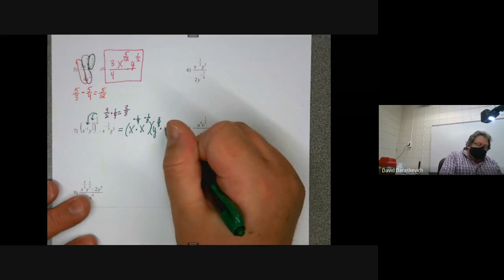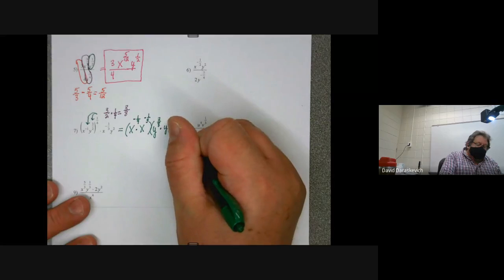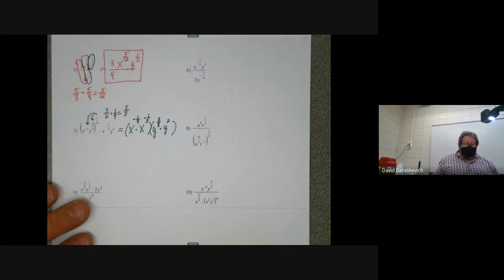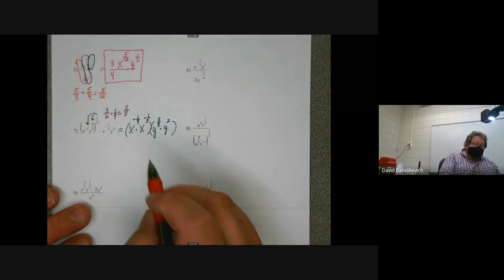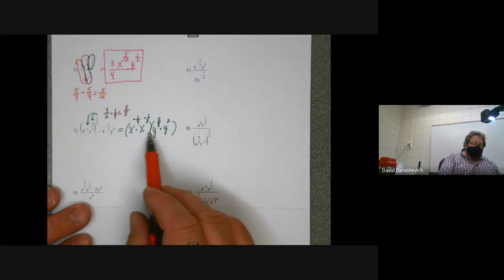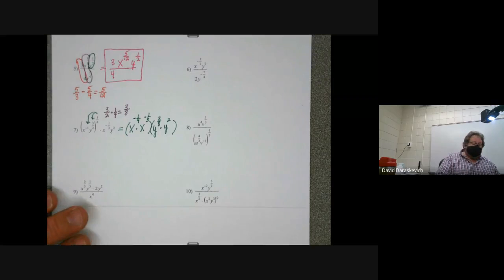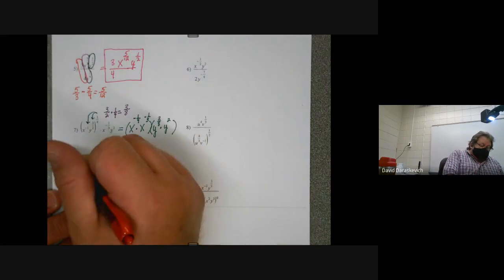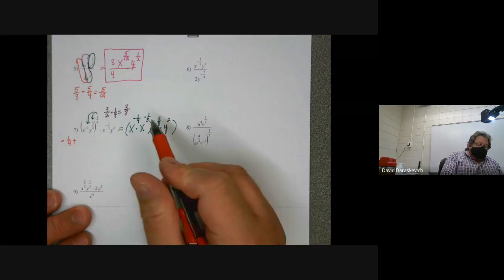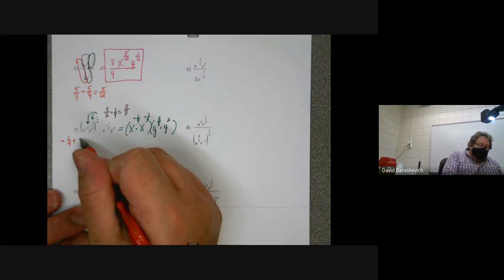So times y squared. So now I've got 2 sets of fractions here to add together because same base being multiplied, we add the exponents. So I'm going to have to add -1/4 plus -1/3.